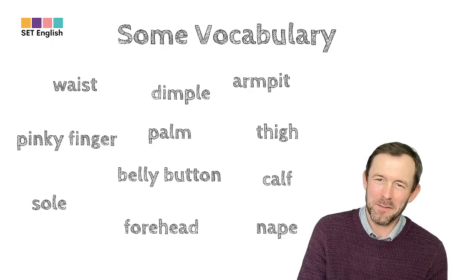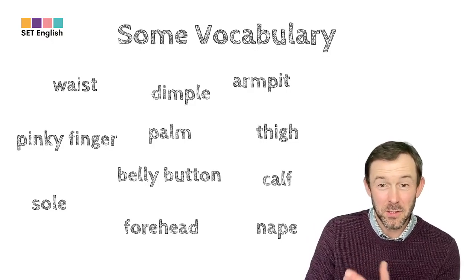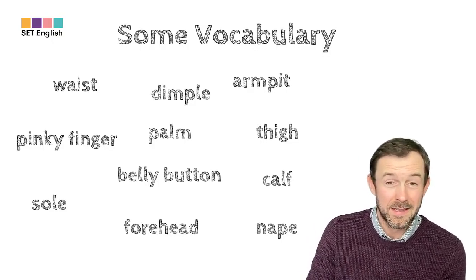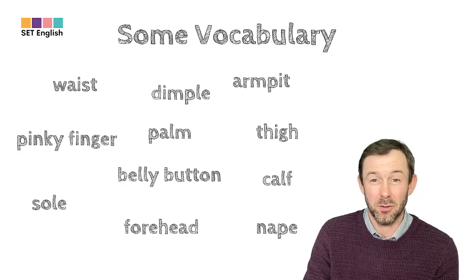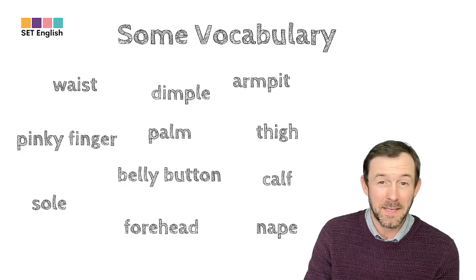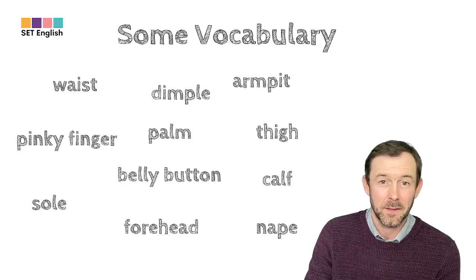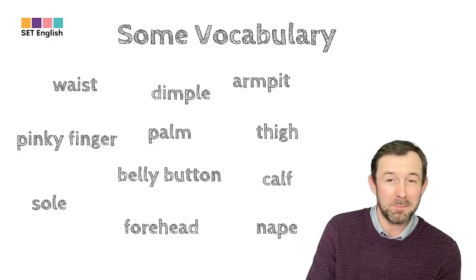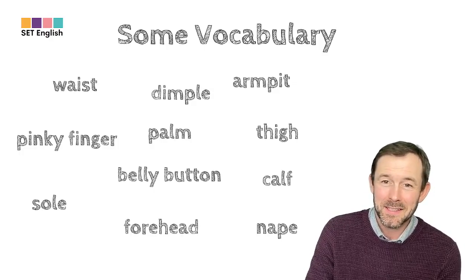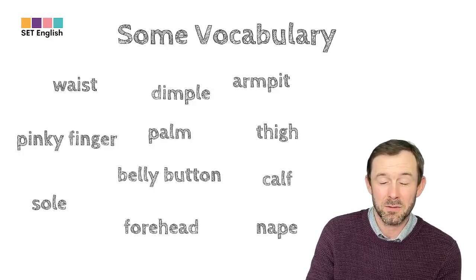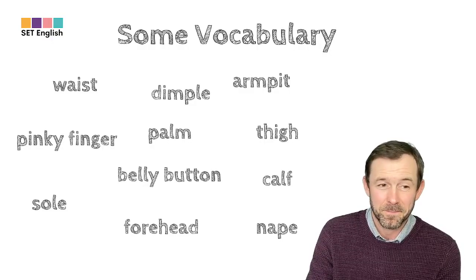Okay, how many of those do you know? Now, if you actually do know a lot of those words, then that means you've got pretty good general English for medical situations. These are not taught in medical textbooks. These are words that you come across through experience of English.